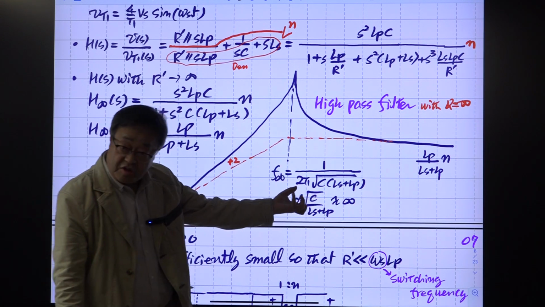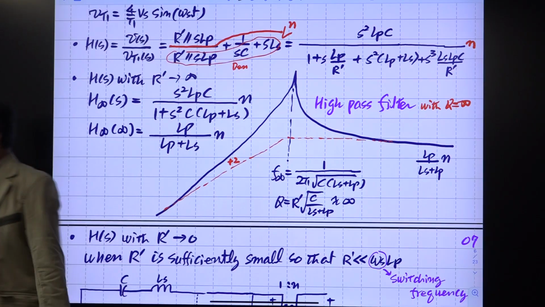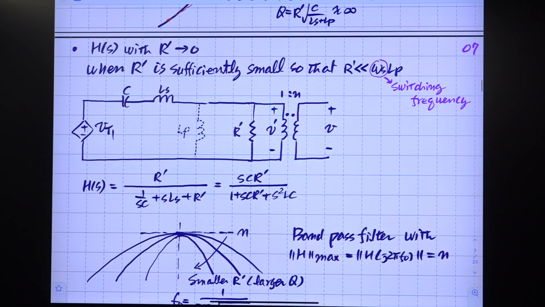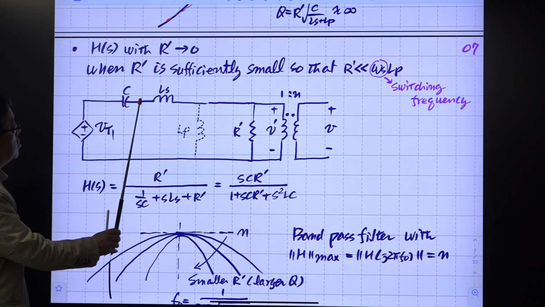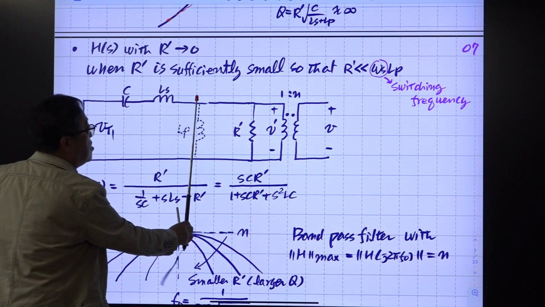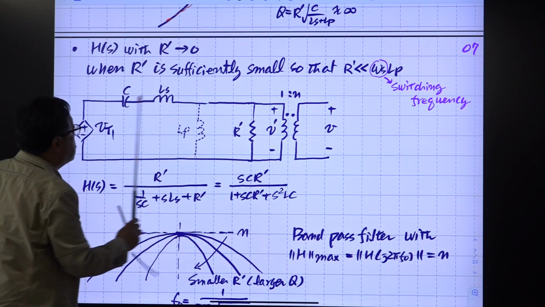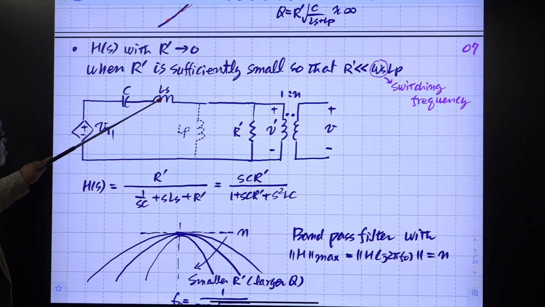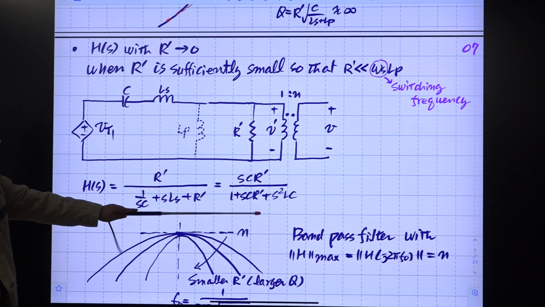This resonance occurs at low frequency, and the other resonance occurs when R becomes very small, R prime becomes very small, so it approaches 0. Then this guy will disappear. So we have the transfer function from here to there with these three circuit components, which is this.